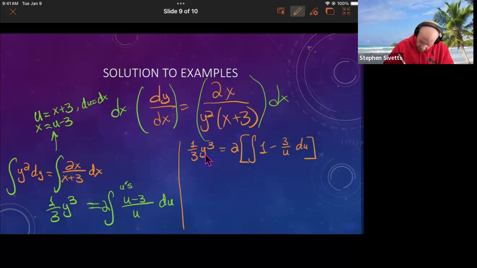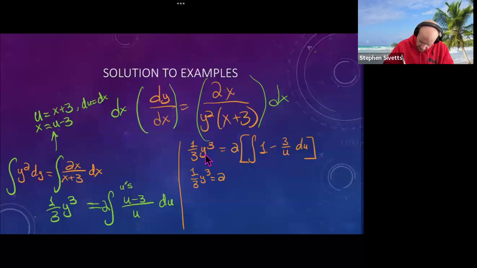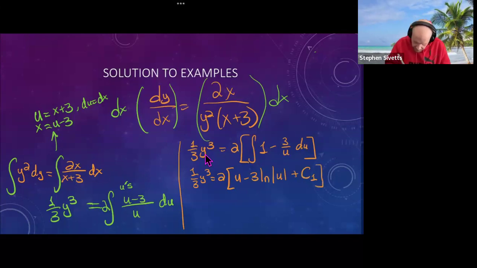And so we will have 1/3 y cubed is equal to 2 times u minus 3 times the natural log of the absolute value of u plus C1, right? And so since u is x plus 3, we'll have 2 times x plus 3 minus 3 times ln of x plus 3.